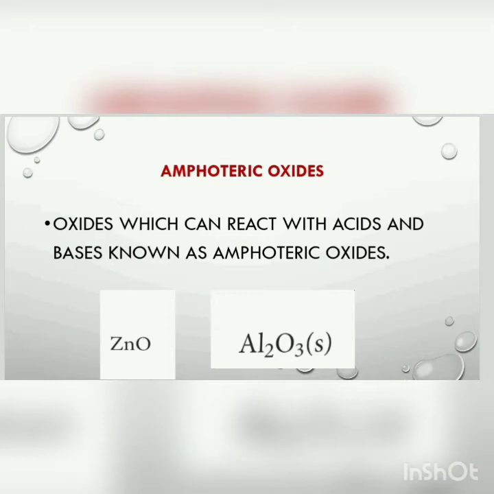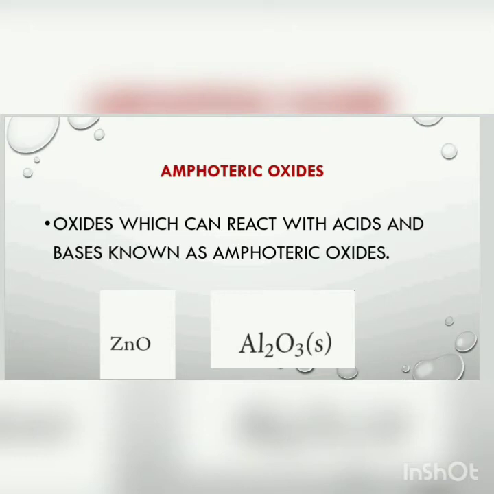Just now we have seen zinc oxide and aluminium oxide are the examples. Zinc oxide acts as an acidic oxide when it reacts with concentrated sodium hydroxide. However, it acts as a basic oxide while reacting with hydrochloric acid.